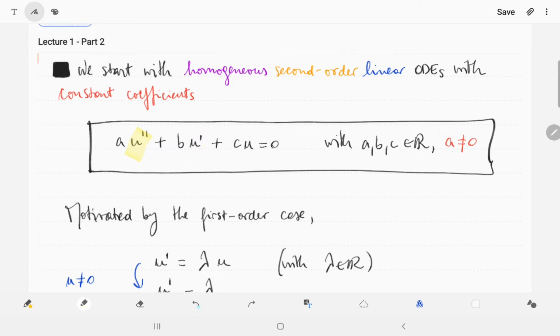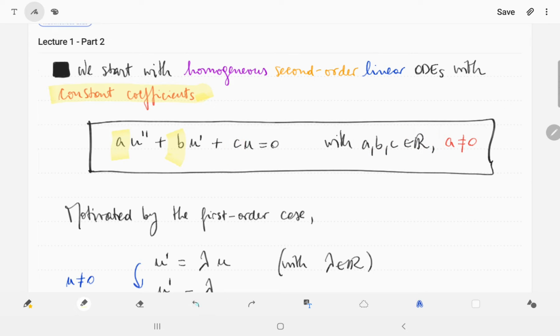And then we have these coefficients, these functions in principle. But now we are in this particular case where these coefficients are just real numbers, okay?